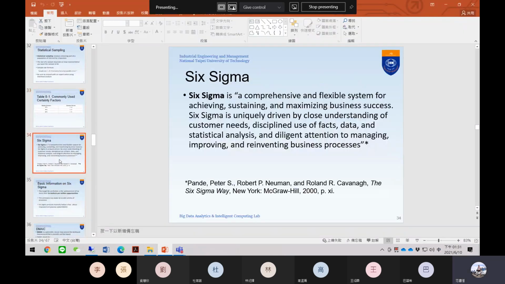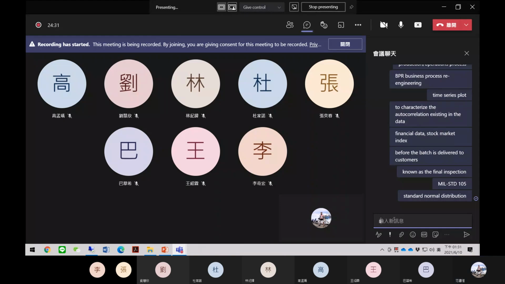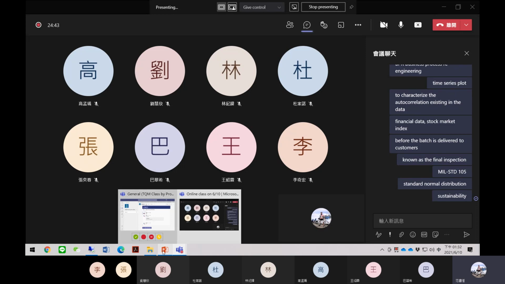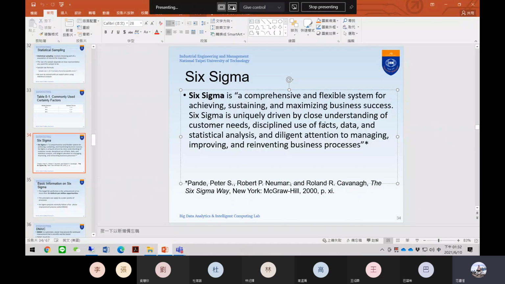Then back to Six Sigma once again. Let me do a little recapitulation about Six Sigma. It is a comprehensive and flexible system for achieving, sustaining and maximizing business success.